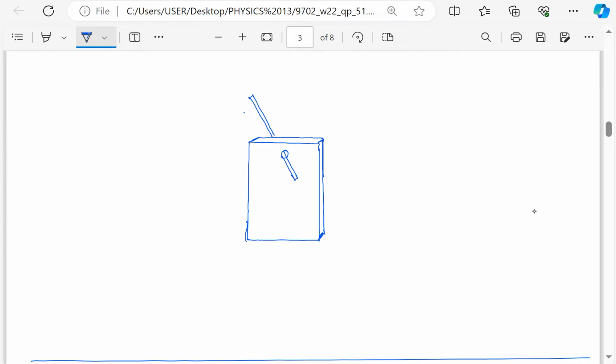But before that, I think I should add the ruler. I'll make the ruler longer.